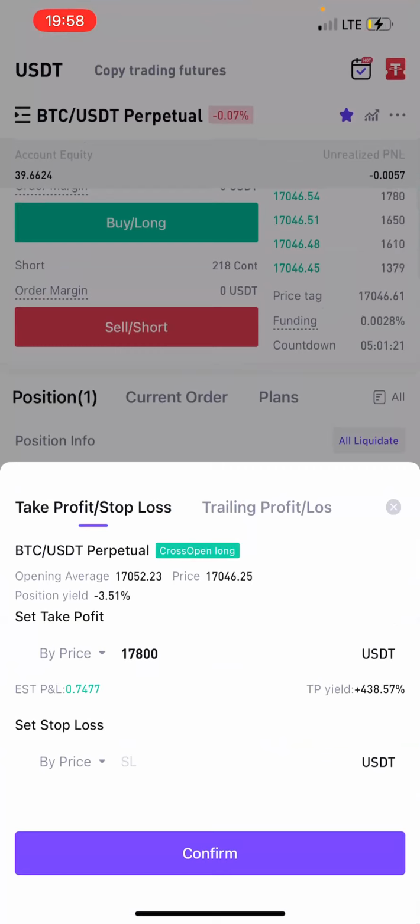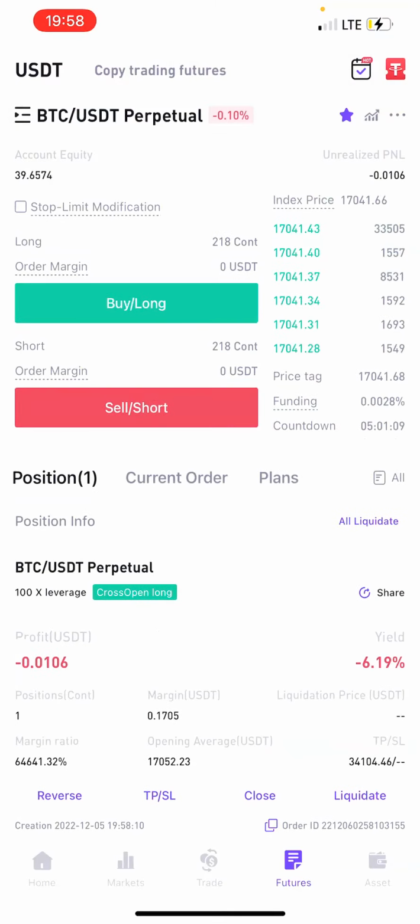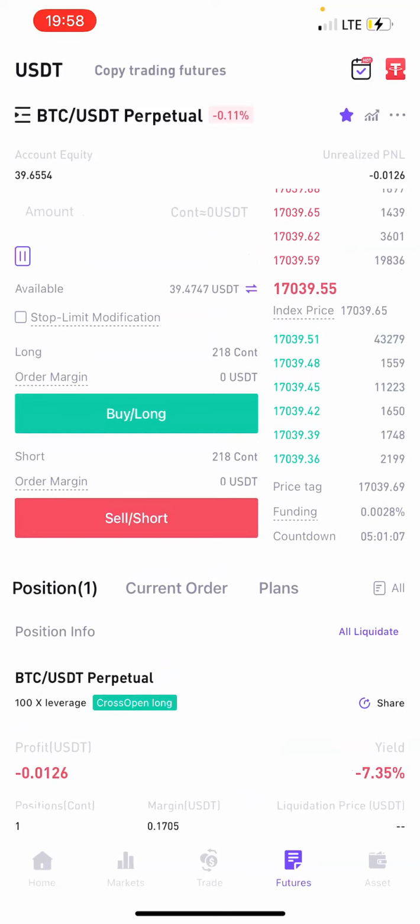If the market price is 17,800, this is going to be over 400%, and what I'm going to be making on this is just $0.7, because my trading capital is just barely $40. You have to put the trading capital into consideration, and also know that when you're using cross and 1% of your trading capital, the profit is going to be low.